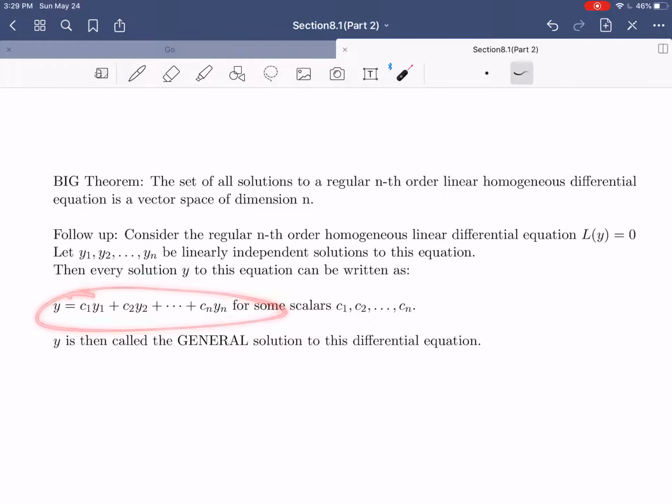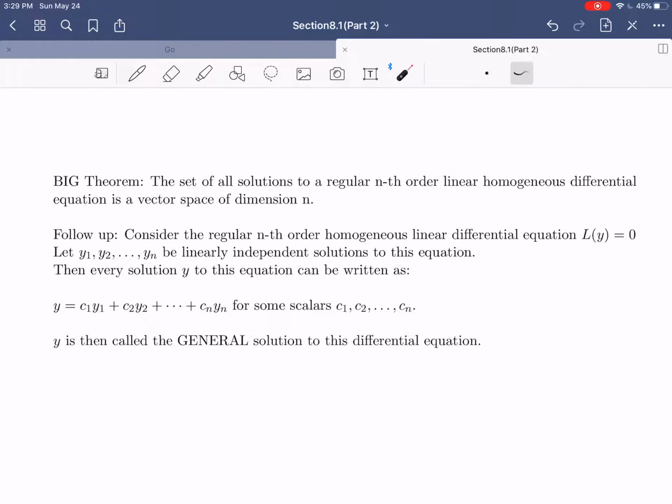That's what this is saying. We call this format, where y equals c1y1 plus c2y2 plus through cnyn, the general solution to this differential equation.